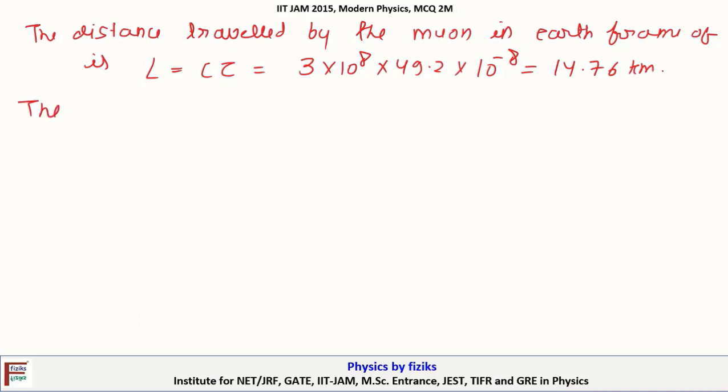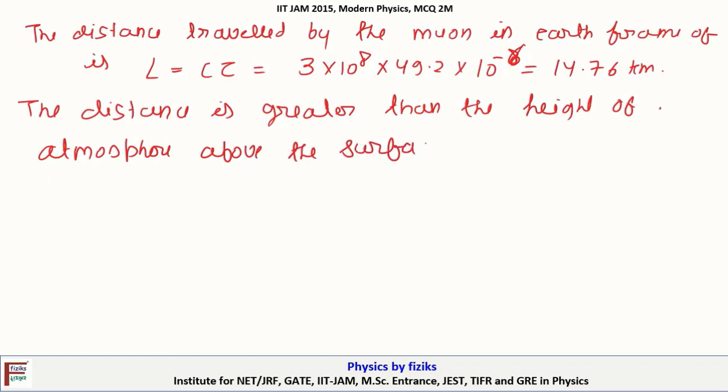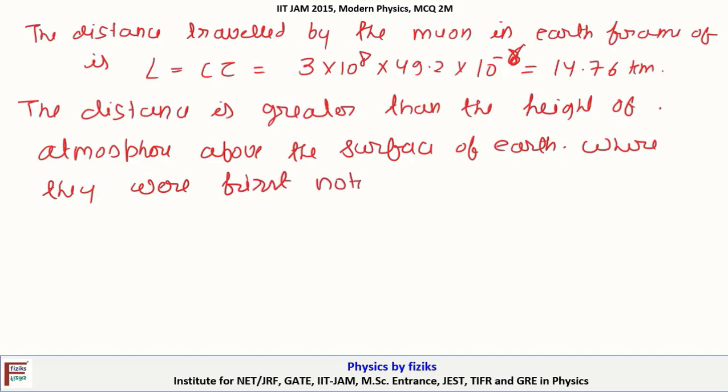The distance is greater than the height of the atmosphere above the Earth, where they were first noticed by the observer.